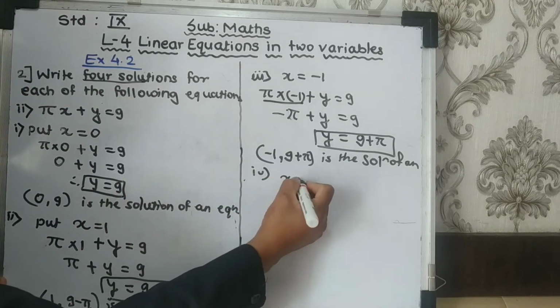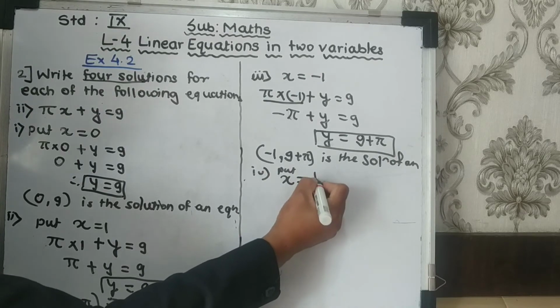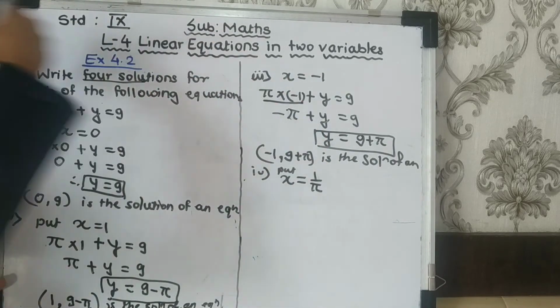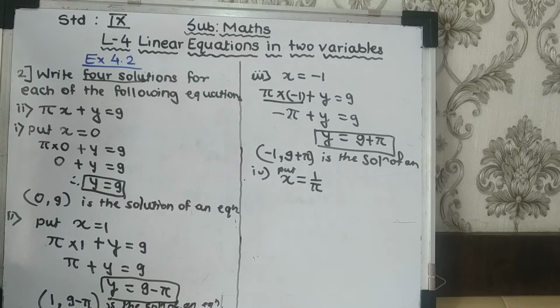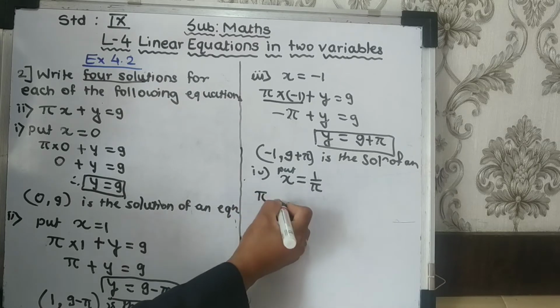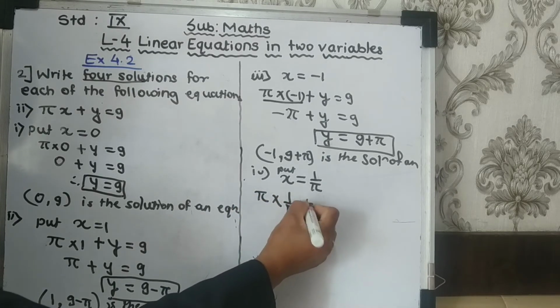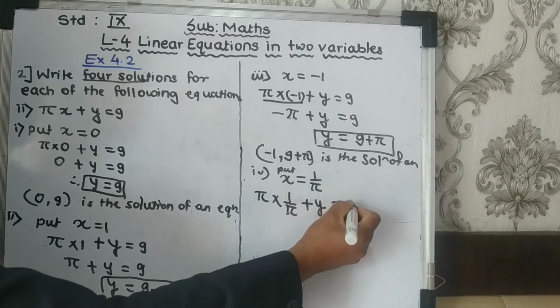Suppose I am taking x is equal to 1 by pi. At that time it should not get directly jumbled, that is why I have taken 1 by pi here. So pi into 1 upon pi plus y is equal to 9.